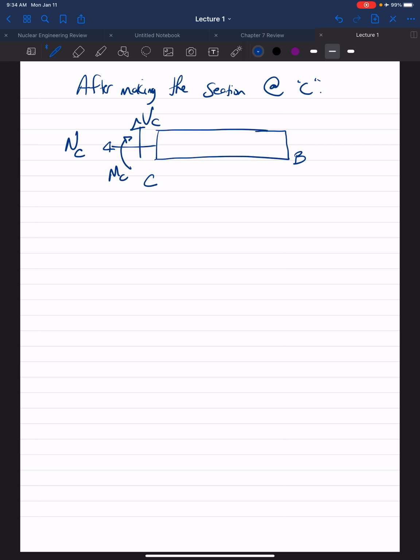So we also have to account for the intensity of the distributed loading.